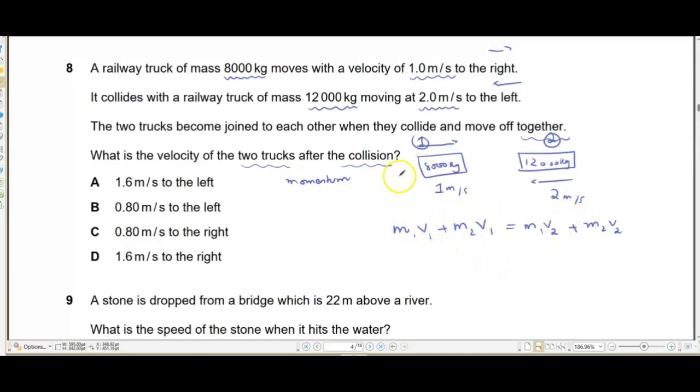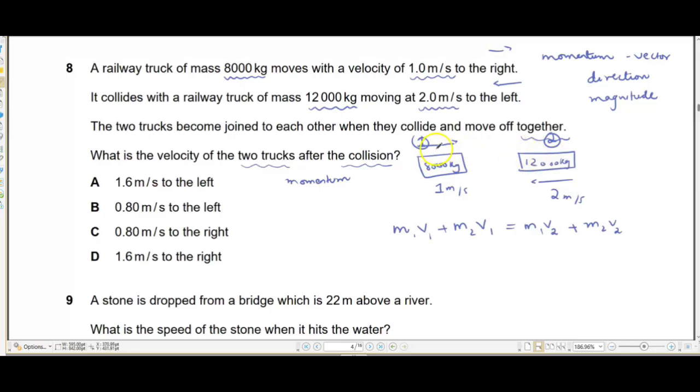One more thing that we have to keep in mind is that both of these trucks are moving in opposite directions. Momentum is a vector quantity and has both direction as well as magnitude. So since both of them were moving in the opposite direction, the velocity of one of these trucks has to be positive and one has to be negative.